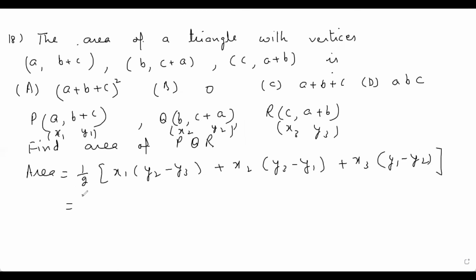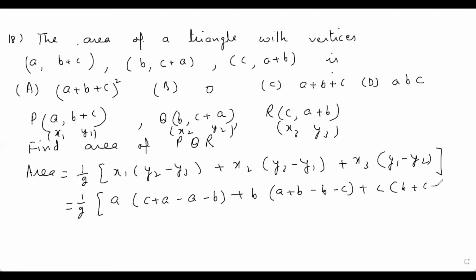Substitute the values. When you open the bracket, the sign will be changed. So it will be minus a minus b, plus x2 is b, y3 is a plus b, minus y1 is b minus c, plus x3 is c, y1 is b plus c, minus y2 is c minus a.